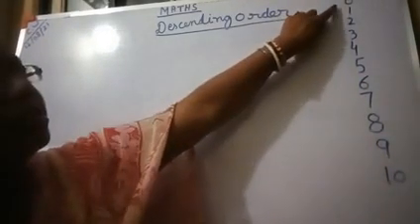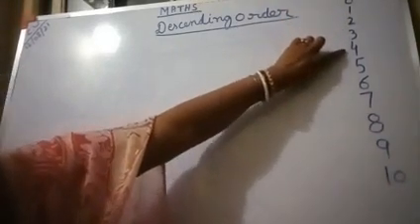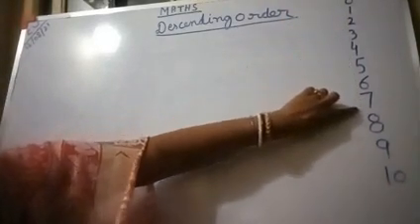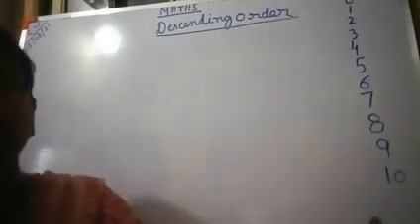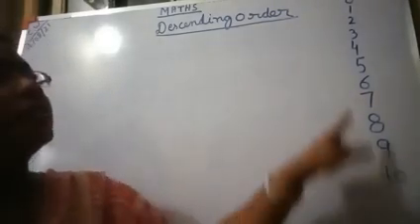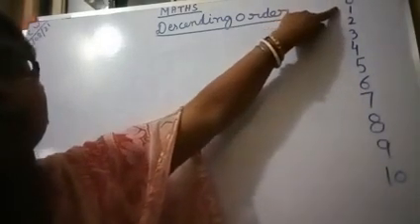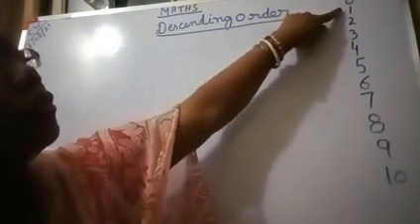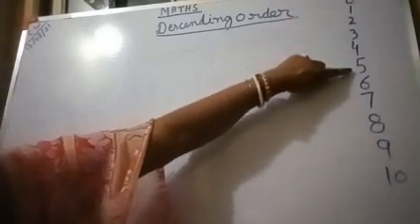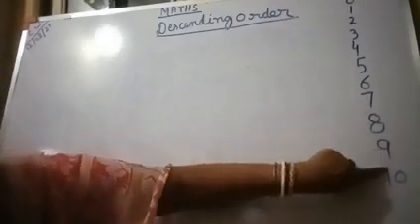As we go 0 to 10, we are coming from smaller number to bigger number. This is forward counting.